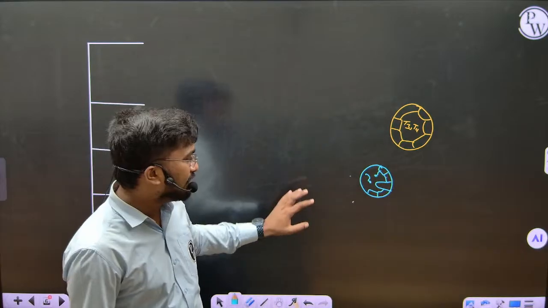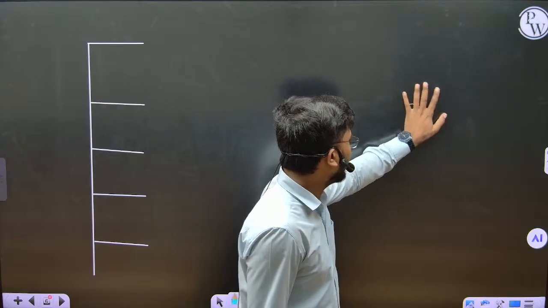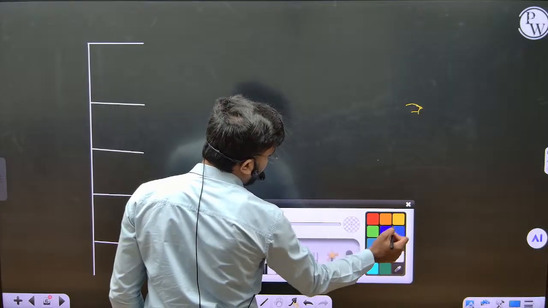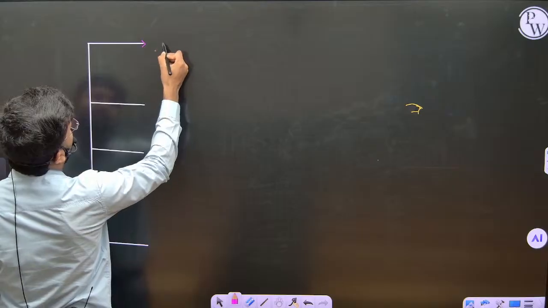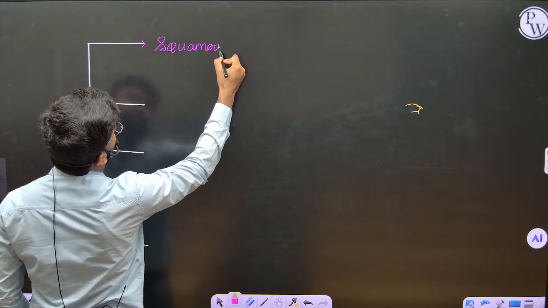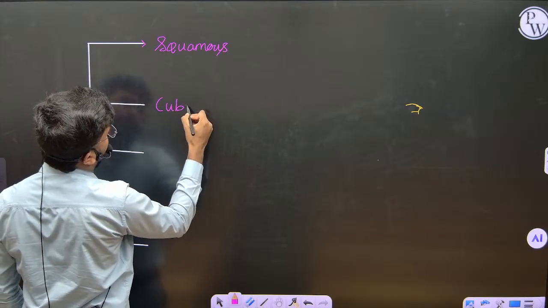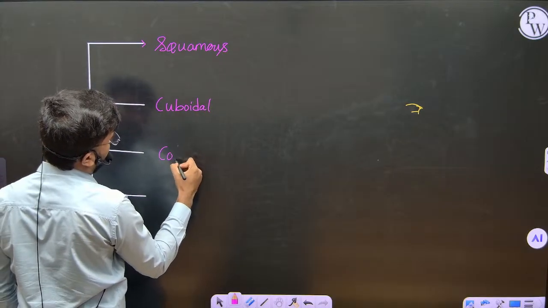Let me quickly recap how many types of simple epithelium there are. First, squamous epithelium. Second, cuboidal epithelium. Third, columnar.